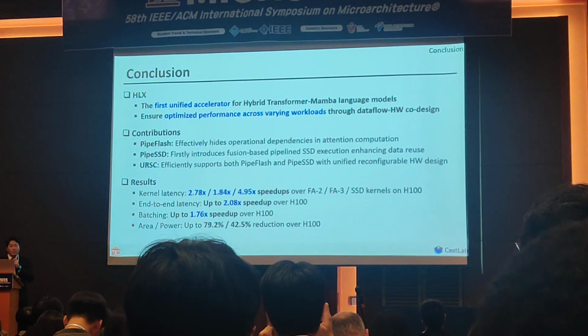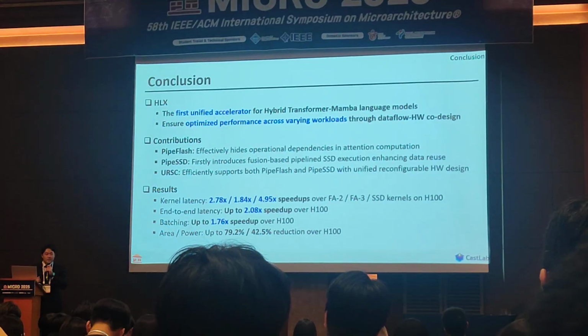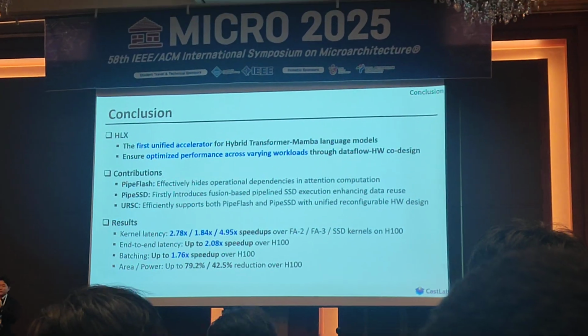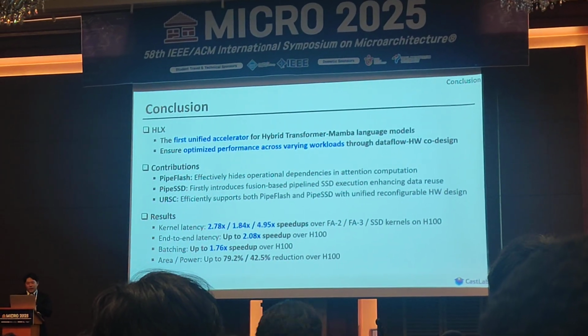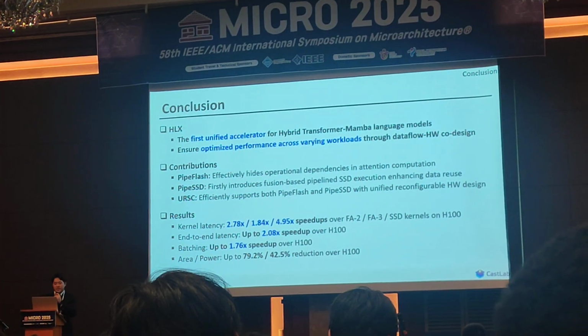And URC executes both efficiently on a single hardware block. So as a result, HRX achieves up to 2.1 times end-to-end speedup and 1.8 times speedup under batch workload, while reducing area and power by up to 79% and 42% respectively.